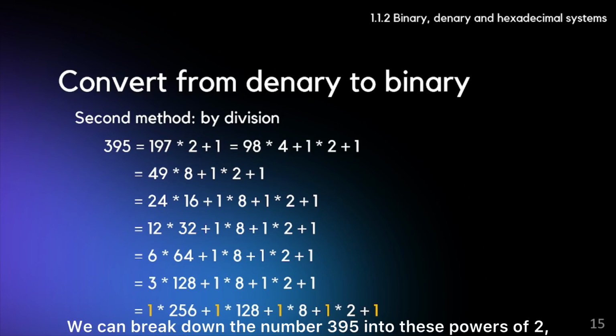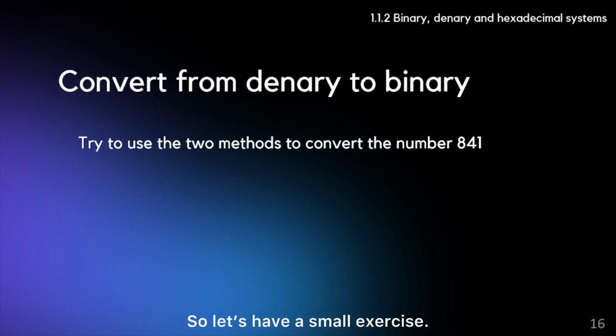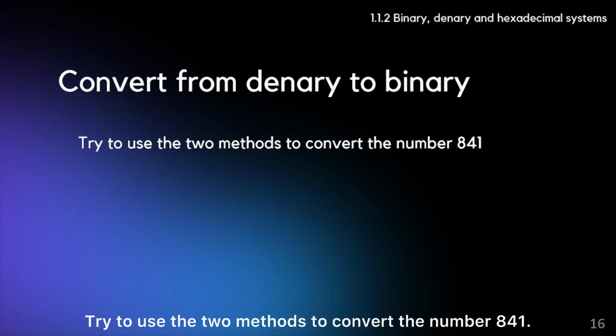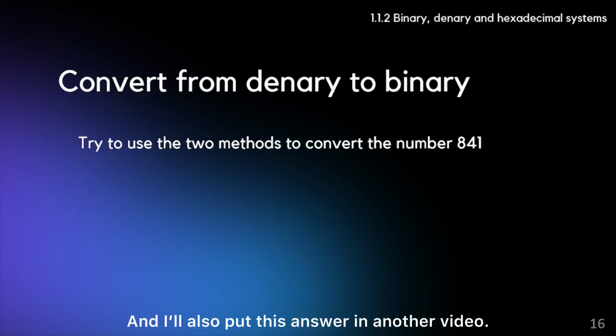We can break down the number 395 into these powers of 2, and every line represents the division we have done in the second method, and we can find the composition of the powers of 2. So let's have a small exercise. Try to use the two methods to convert the number 841. And I'll also put this answer in another video.